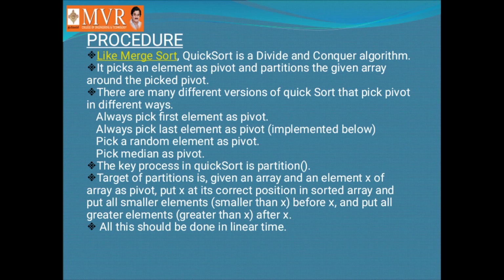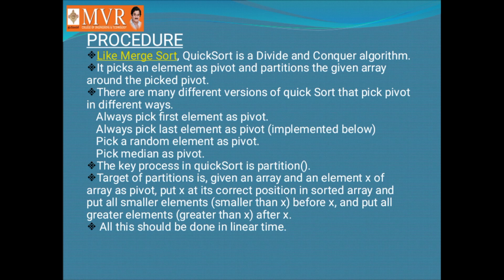The target of partitioning is, given an array and an element x of the array as pivot, put x at its correct position in the sorted array, put all smaller elements before x, and put all greater elements after x. As the statement says, in the list of unsorted elements, we consider one element, the element at the first, the last, or the middle, as the pivot element.